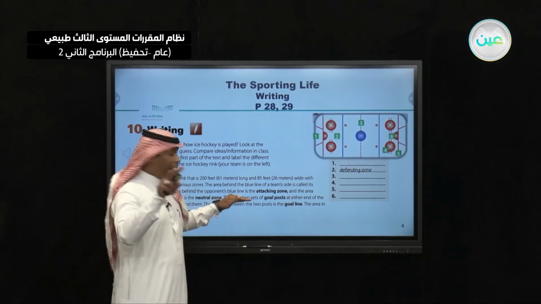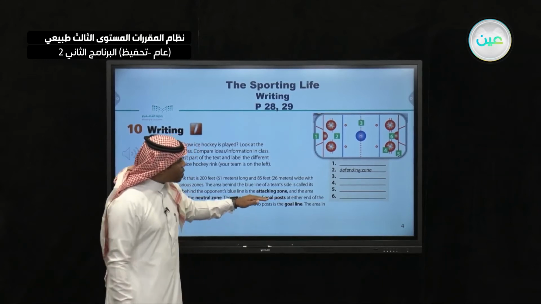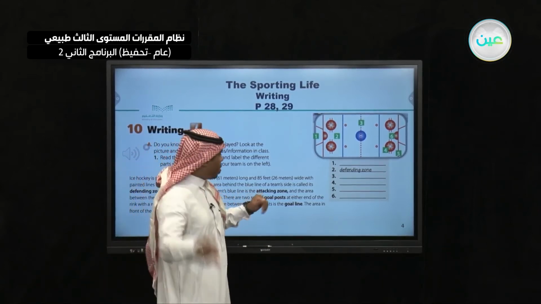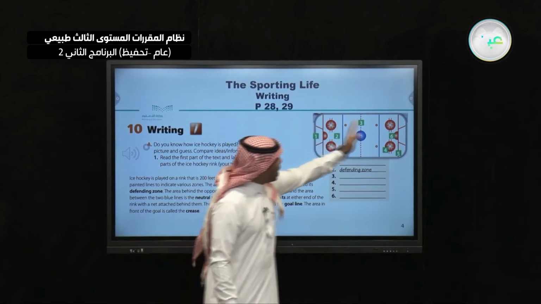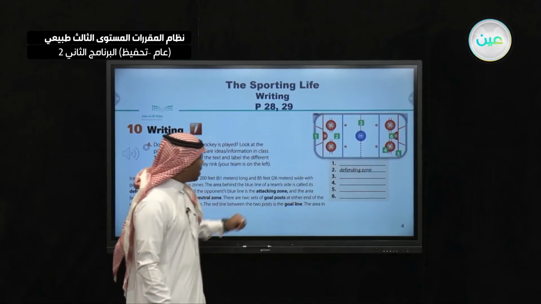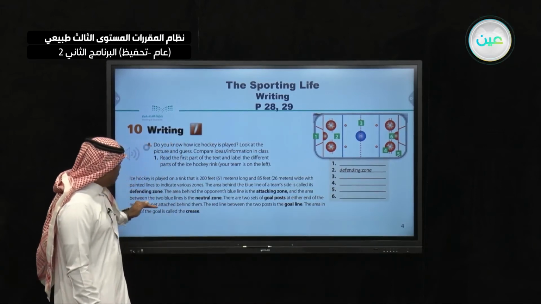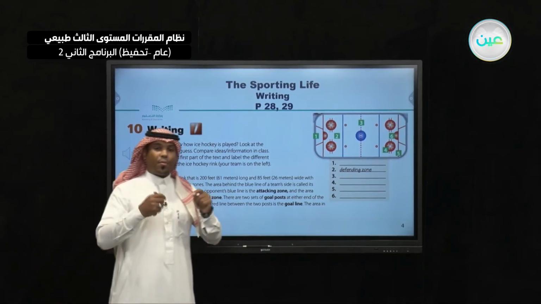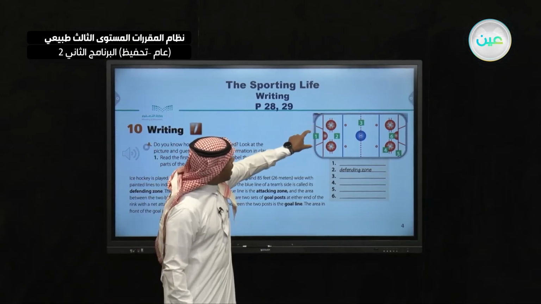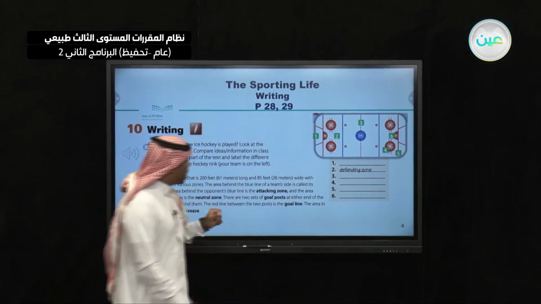There are 2 sets of goal posts, the first one and the second one, at either end of the rink with a net attached. Very good.